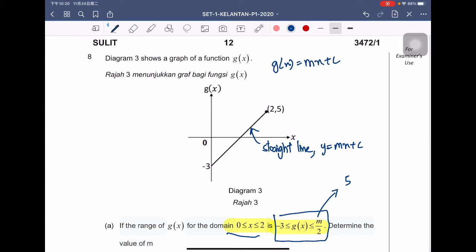So the first step here, we need to find the m. What is the m for here? How can we find the gradient of the straight line? m will equal y2 minus y1 over x2 minus x1.